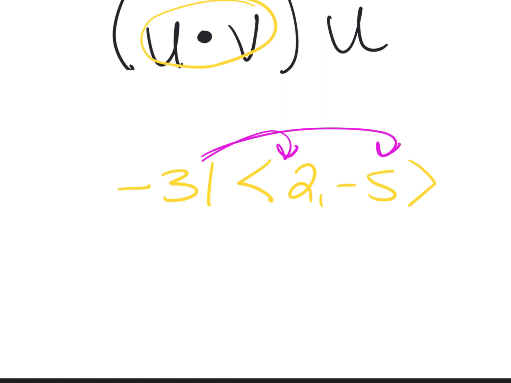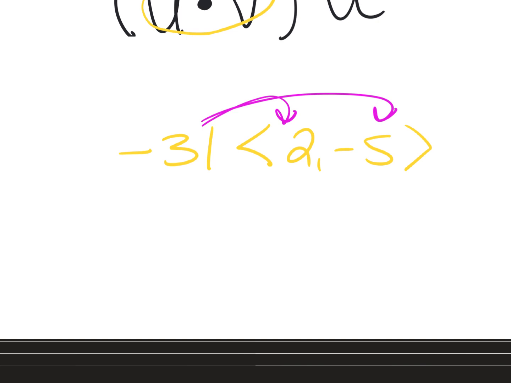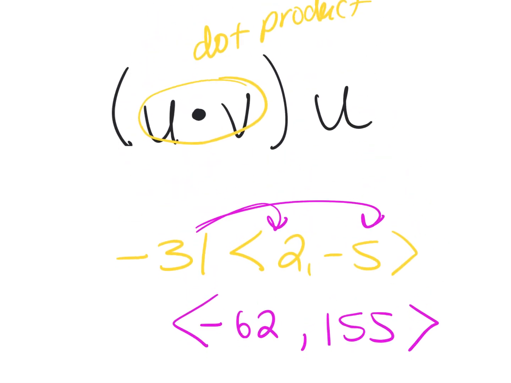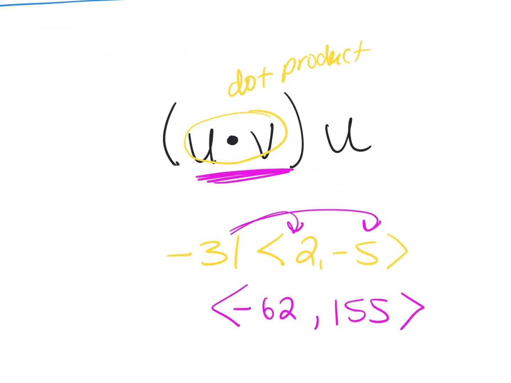When I distribute negative 31 in here, I get negative what? 62. Negative 62 and then 155. Okay. But notice, if this is the dot product, and that's a singular value, then it's telling you to distribute that into that vector. It's not saying multiply u times v. That's dot product. Everybody got that?